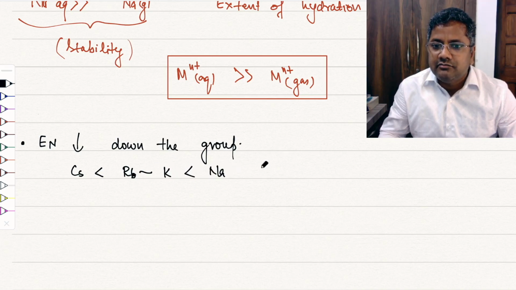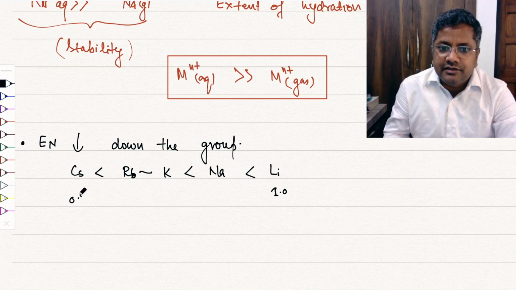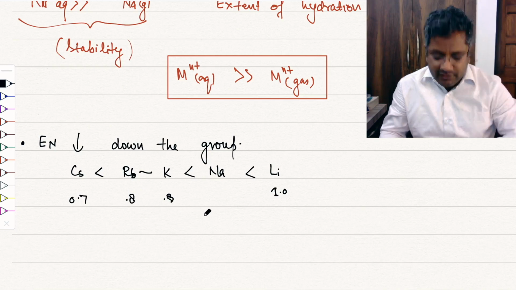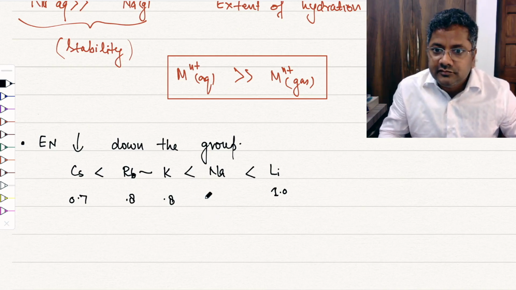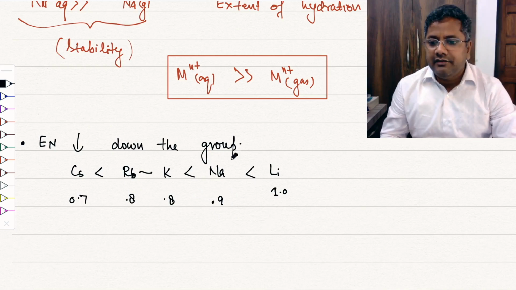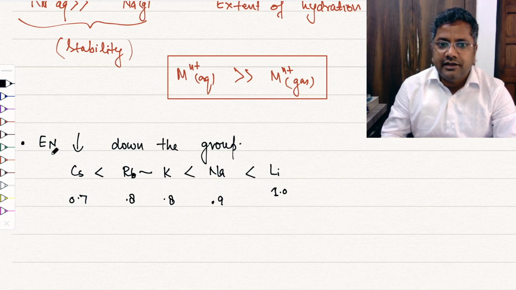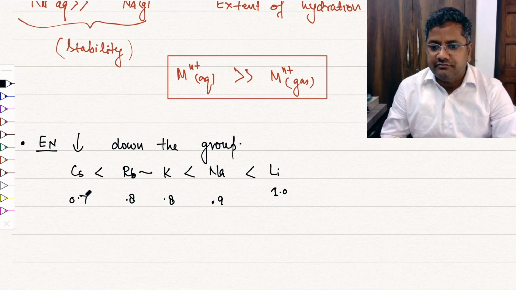Then sodium and then lithium. Lithium has electronegativity 1, and the others have 0.7, 0.8, 0.8 and 0.9. So down the group it decreases, and the least electronegative element is cesium.